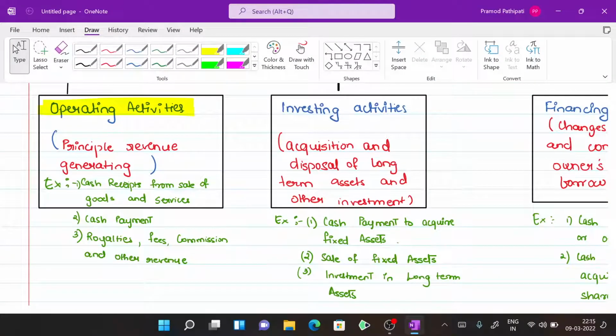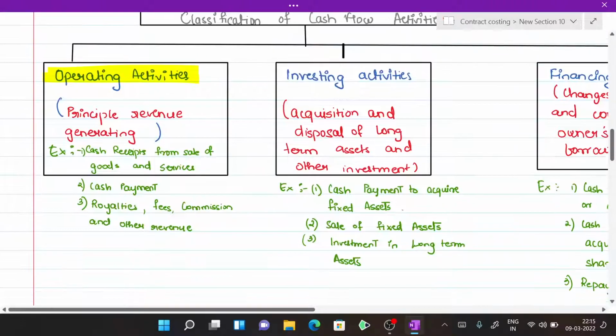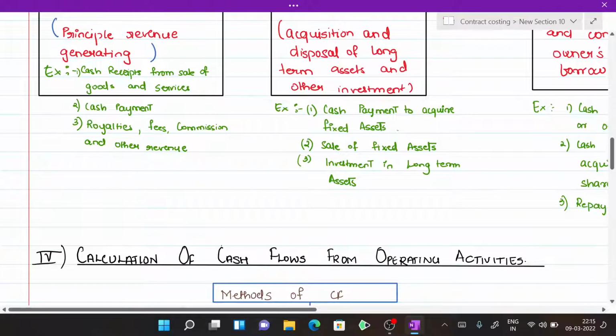Whenever you are going through operating activities, simply just recall your trading account, right?